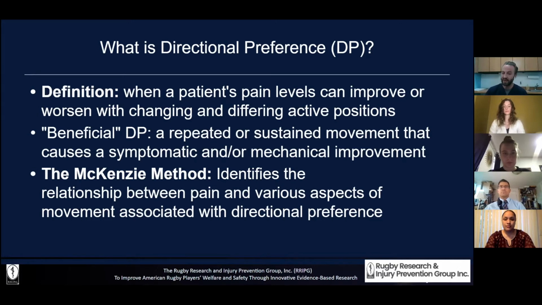So the McKenzie method identifies the relationship between pain and various aspects of movement associated with directional preference, right? We're always trying to look: is there a direction that I can move this patient's back that's going to make everything feel better, make their pain less, make their range of motion better? We're always looking for that.